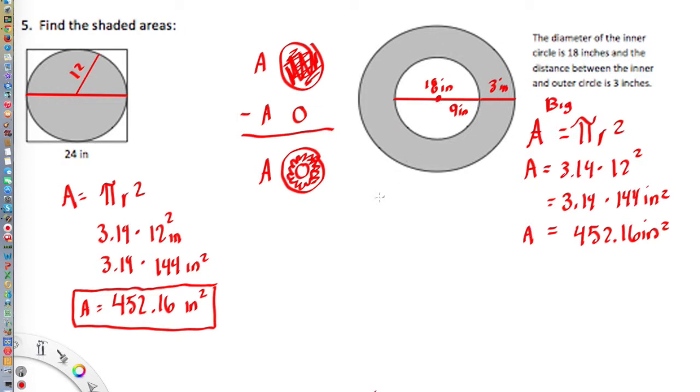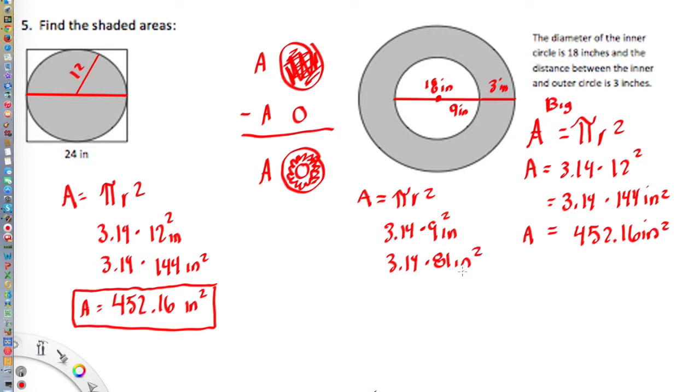Now the area of the little circle, once again, area is equal to pi r squared. Pi is approximately 3.14 times the radius of the little circle. It's not 18. 18 is the diameter. The radius is 9 inches. And what I get is 3.14 times 81 inches squared, because 9 times 9 is 81.